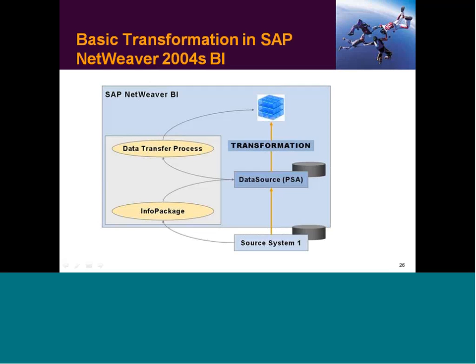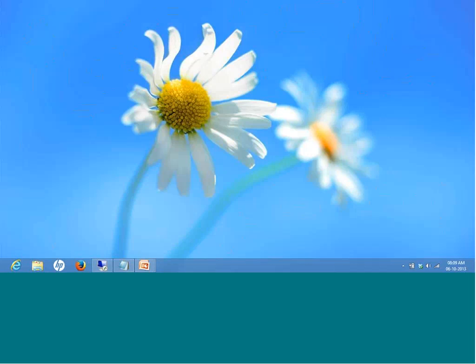Whenever you trigger an info package, data would be extracted from the source system and loaded to the first layer in BW, that is PSA, and from PSA if you want to load it to the target, you will make use of DTP, data transfer process. So this is a simplified one or two level data flow which is currently used, but there can be complex scenarios where you load the data from one layer to another layer, likewise multiple layers.